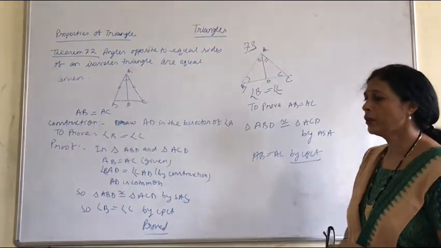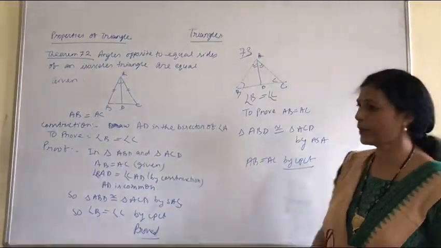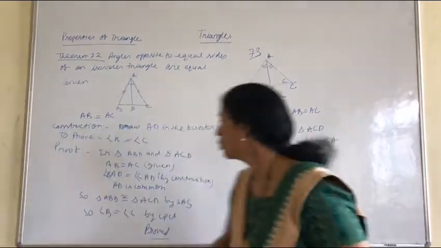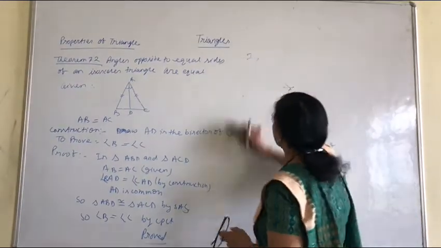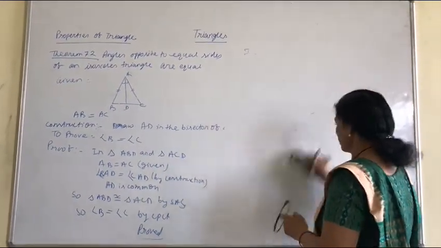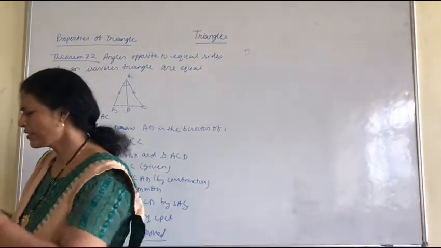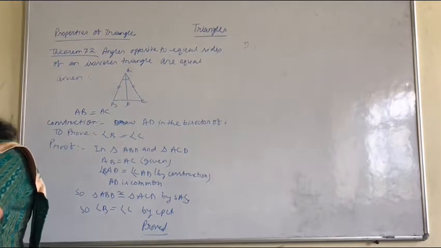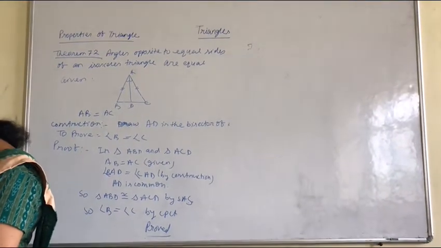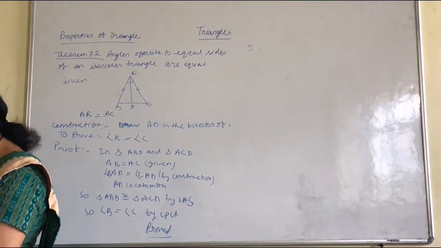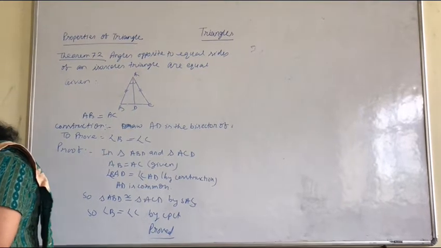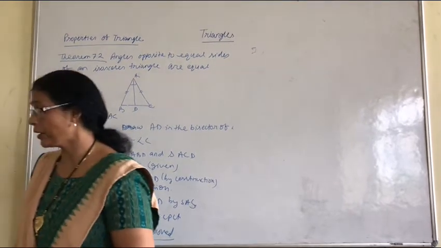Okay, then one example also we have to explain, from your book. Your example 4 here in your book. If the bisector AD of angle A of triangle ABC is perpendicular to side BC, show that AB is equal to AC.